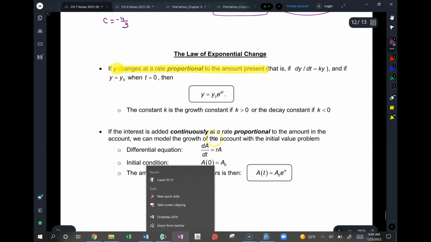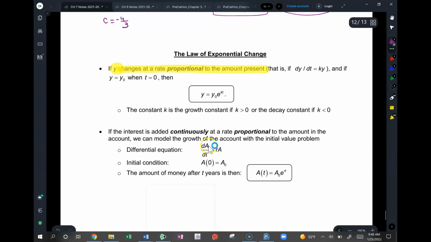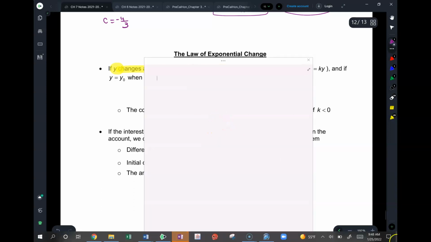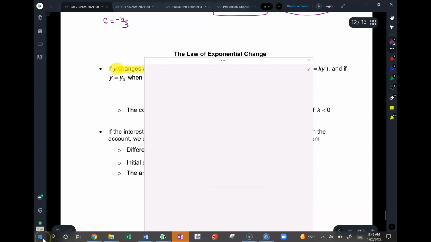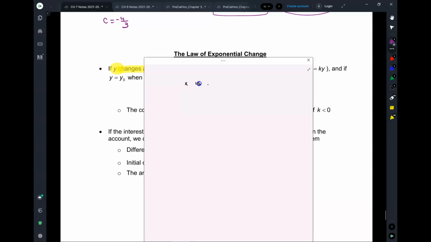You do this everywhere, math, science, but let's remind ourselves. If two things are proportional to each other, so suppose x is proportional to y, how do I write that?